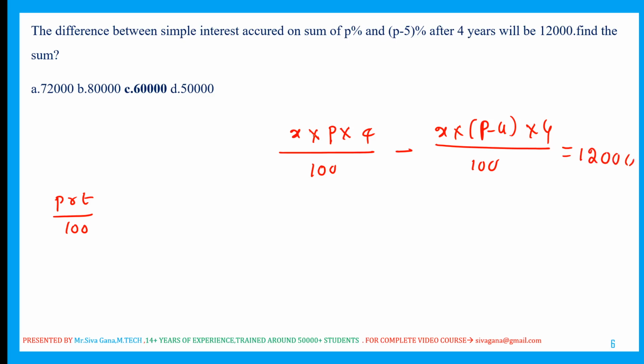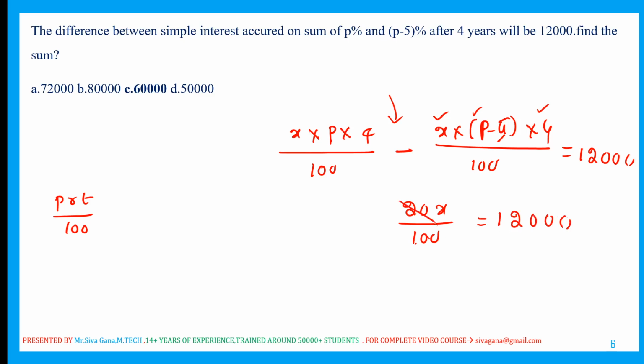If we see x into p into 4 which was there in both, on subtraction it will be cancelled. The rest of the term is x into 5 into 4 by 100. 5 4s are 20. So 20x divided by 100 is nothing but 12,000.